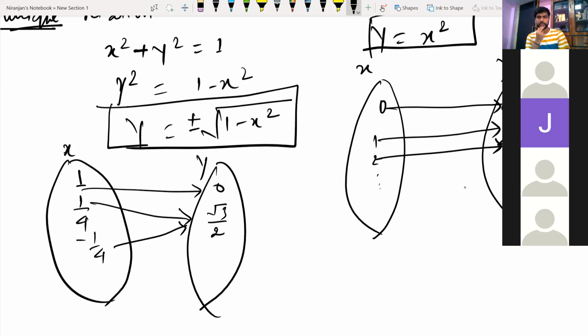Now, what do you think? I have just mapped the first one into set format, and the second one is also in set format. Which one is unique?